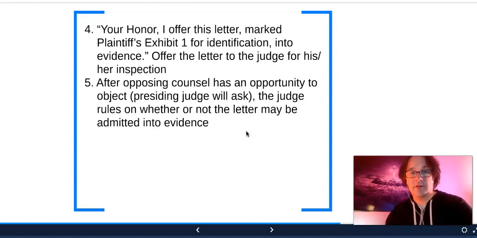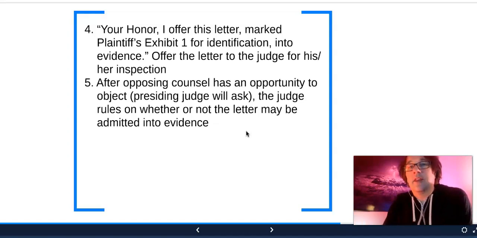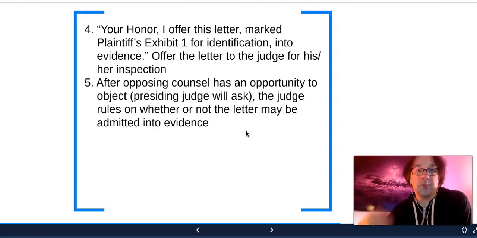After the opposing counsel has had an opportunity to object, they might say, "Objection, Your Honor. Irrelevant," right? Like, what the hell does that pen have to do with anything that we're talking about? So this is an opportunity for your opposing side to object to that item being entered into evidence.